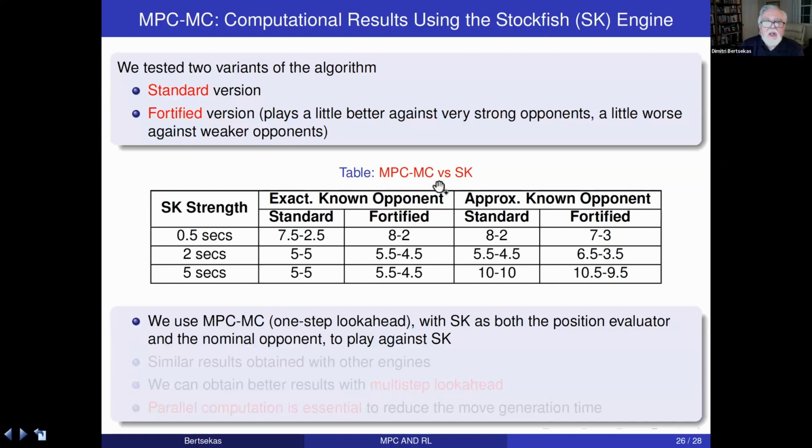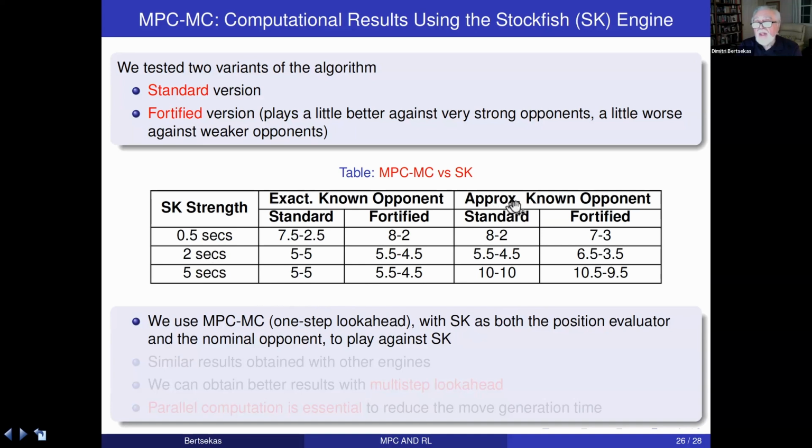Now, here are the results of these matches of MPC-MC against these Stockfish engines, using them also within the architecture. And for the case where the engine replicates exactly the moves of the opponent, we get an advantage, but this advantage diminishes in both the standard and the fortified version as the engine becomes stronger. And the fortified version, as we can see, helps against the very strong engines here.